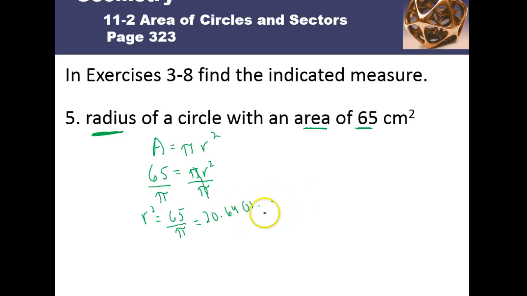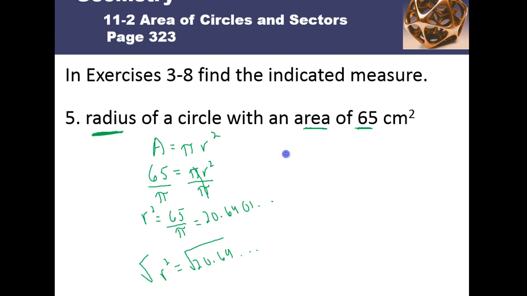So I'm going to keep that answer stored on my calculator, and then I'm going to say, okay, I have r squared equals 20.69 blah blah blah, so I'm going to take the square root of that. So again, remember to do that, you're going to do second square root and then second answer, enter, and you should get 4.5.